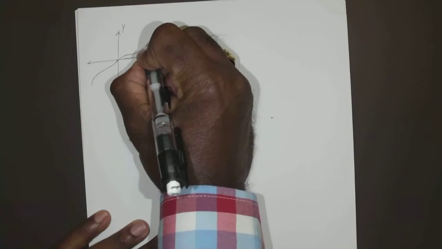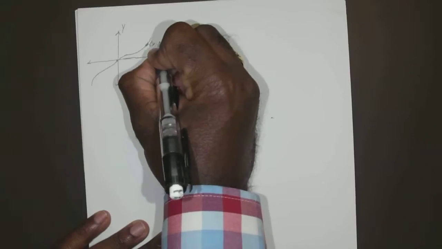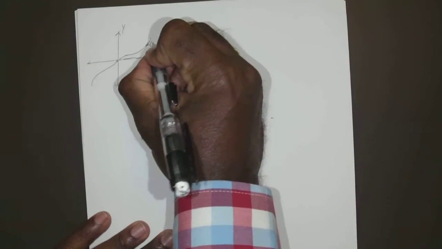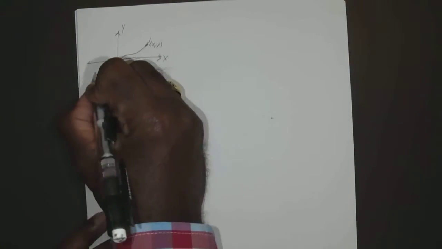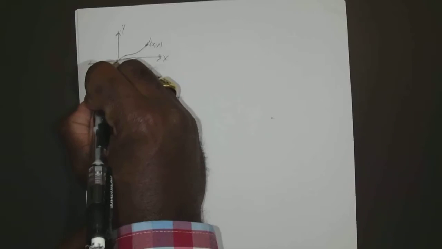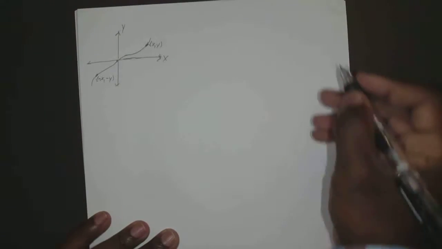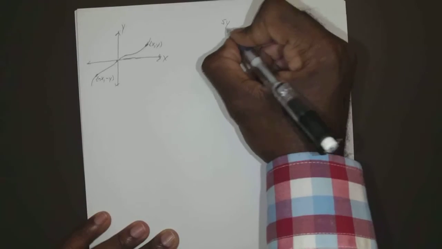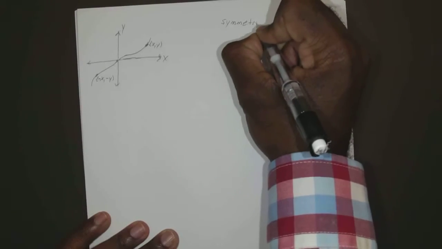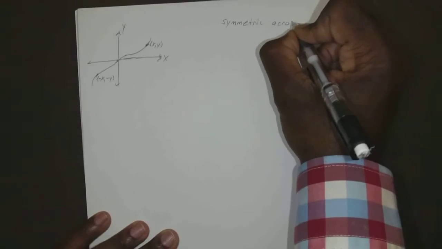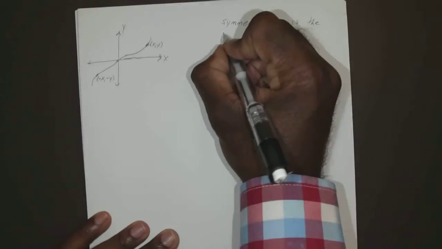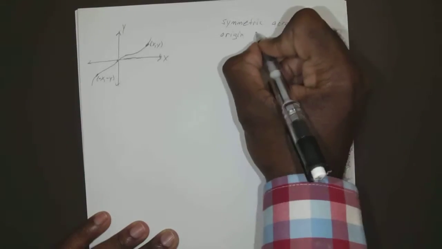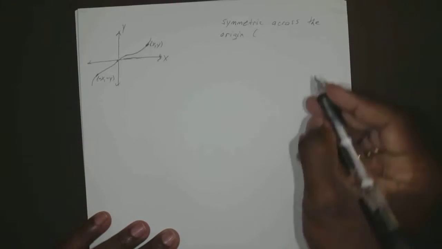Okay. So in other words, if you have some x, y, and you have some negative x, negative y, then this is symmetric across the origin, which we know is an odd function.